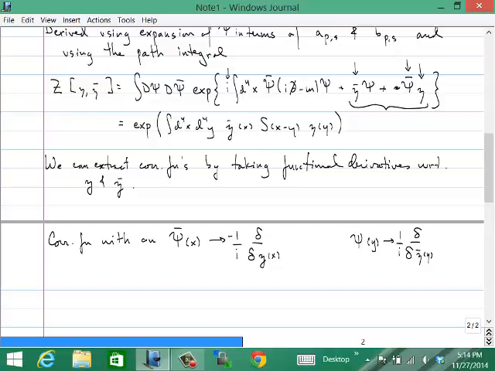And then the rule is that you construct Feynman diagrams by joining all external particles with vertices, and in the case of Yukawa theory, your vertex just looks like that.